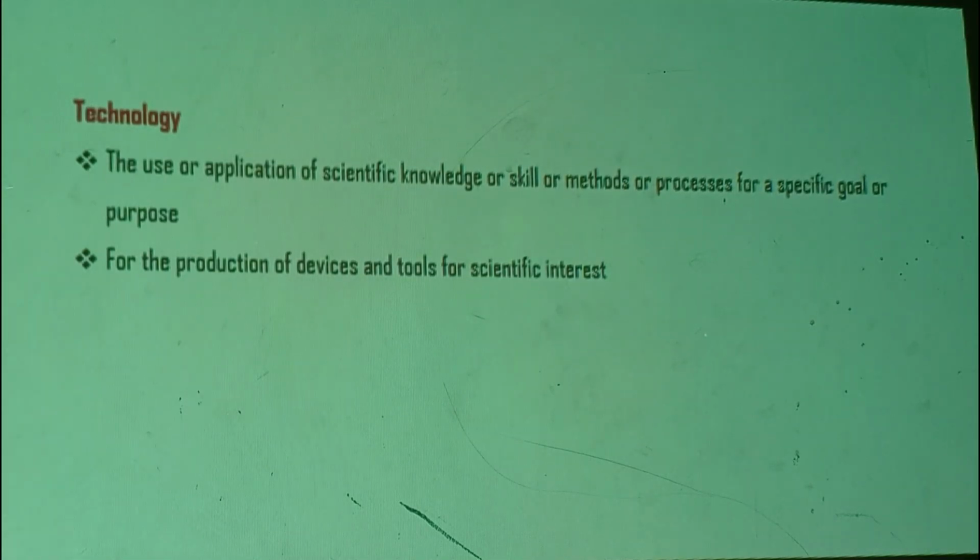You see, we are using something scientific. It could be knowledge obtained through scientific research, a skill obtained through scientific research, scientific methods, or scientific processes, used for a specific goal or purpose. This is a simple definition for the term technology.